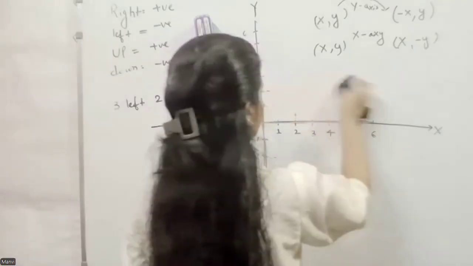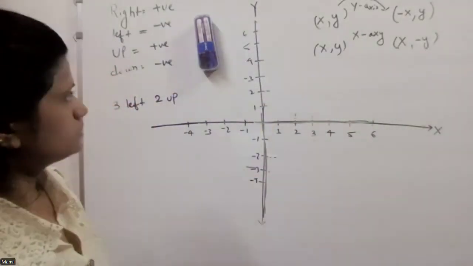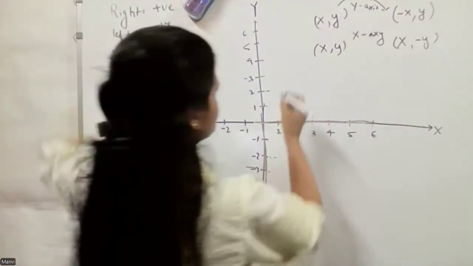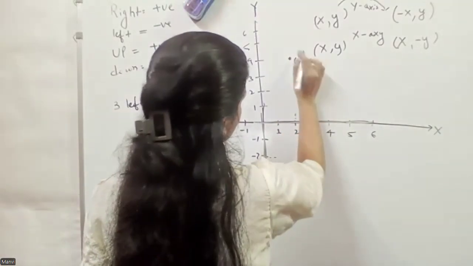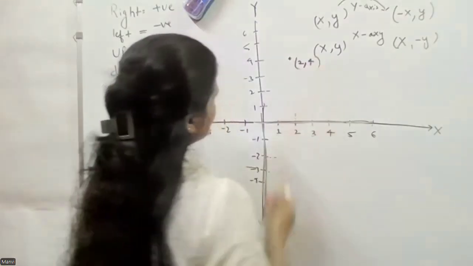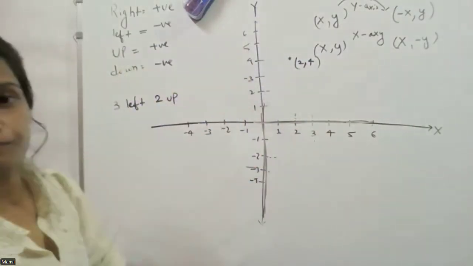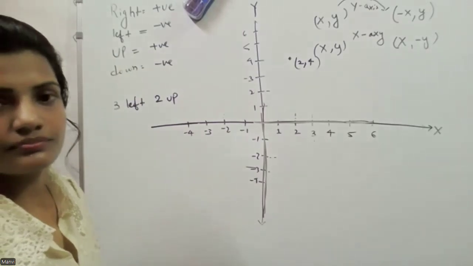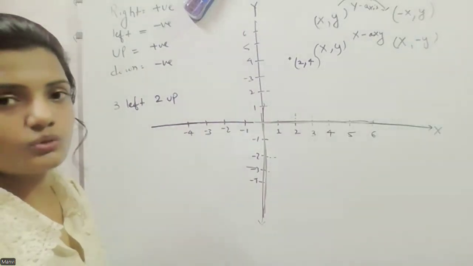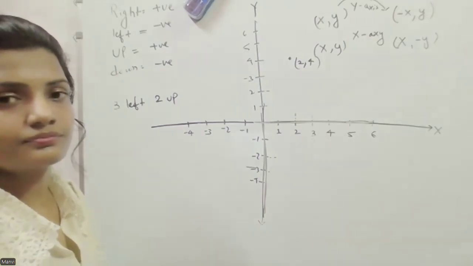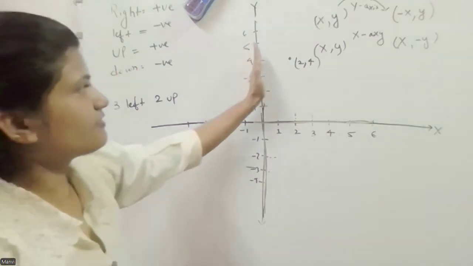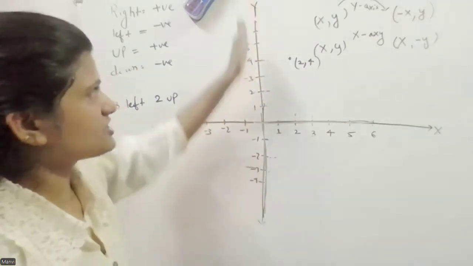Okay, let me give you some more questions. This point, 2, 4, is reflected in the y-axis. Then where does it go? This is the reflected point, the line of reflection, right?